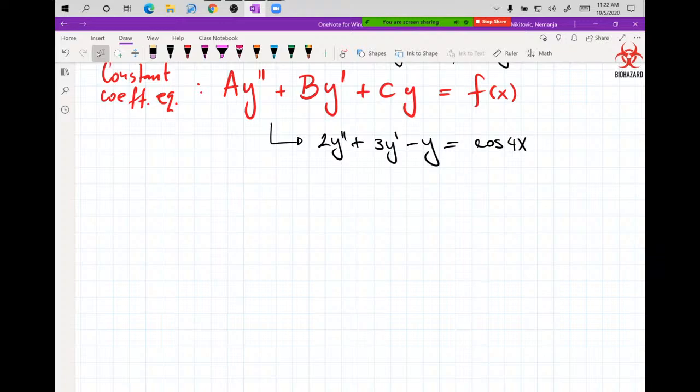There are two problems in physics that are perfect to explain this. One would be mechanical systems with a spring, which we call the spring mass system, and another one would be the RLC circuit for electrical engineering.